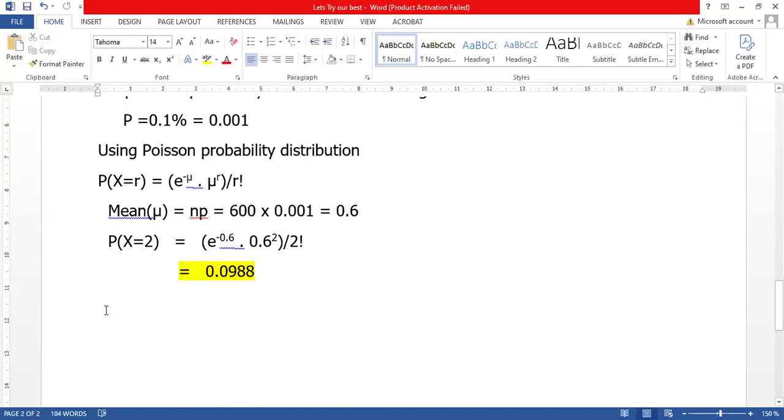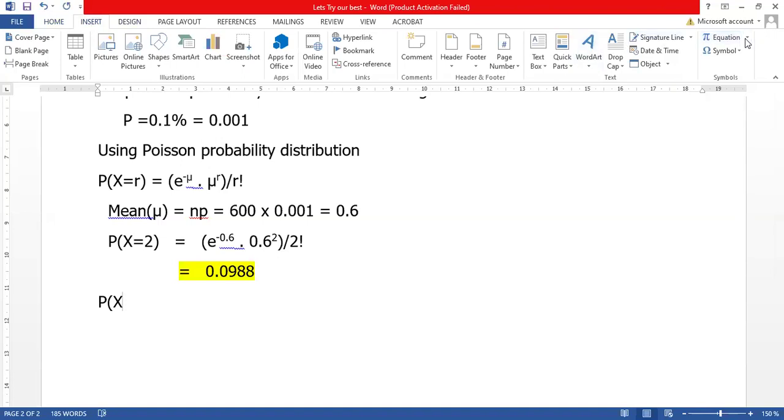If they say get the probability of X greater or equal to 2, what do you do?